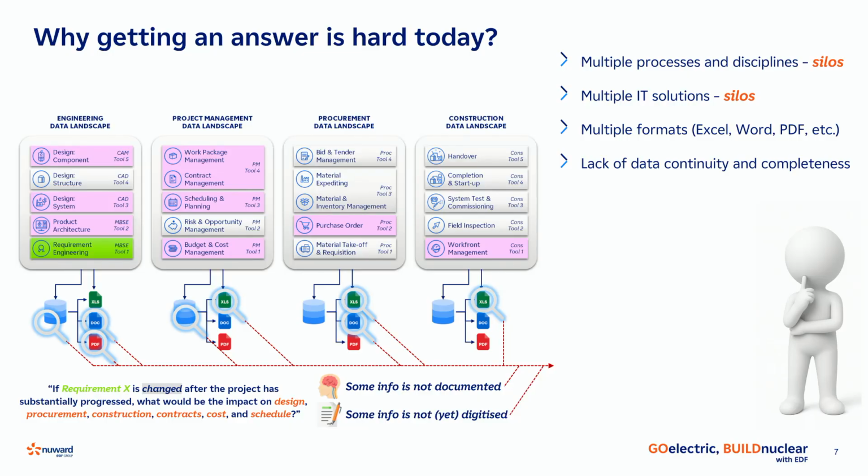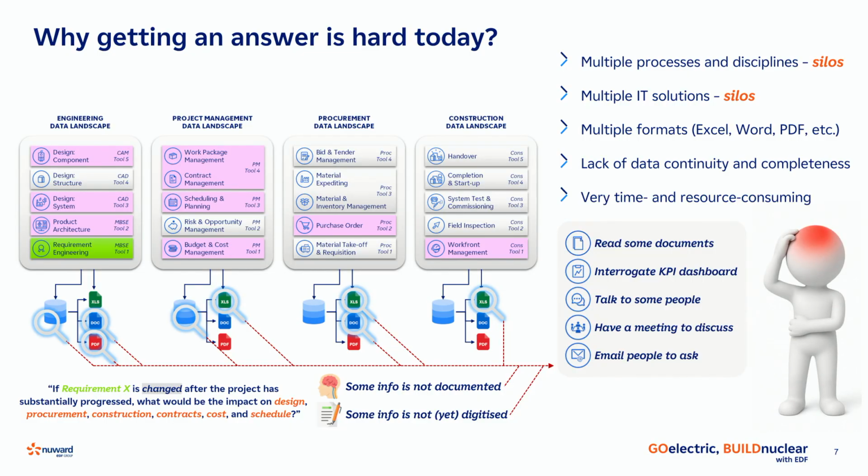And even sometimes you don't even have the data. So this whole exercise to answer a simple question is very time and resource consuming. You need to read documents, interrogate systems, KPIs, dashboards, talk to people, have a meeting to discuss the data, the quality of them, email, whatever.